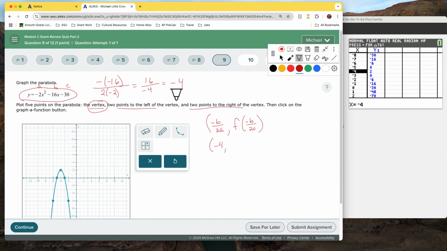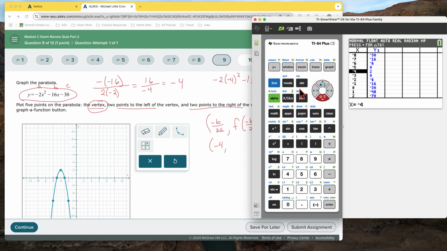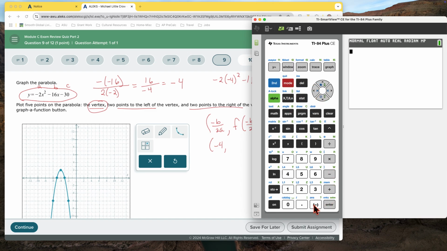Now we need to plug negative 4 into the function. So we get negative 2 times negative 4 squared minus 16 times negative 4 minus 30. You're still going to need probably some kind of calculator to handle that calculation. Negative 2, negative 4 squared.